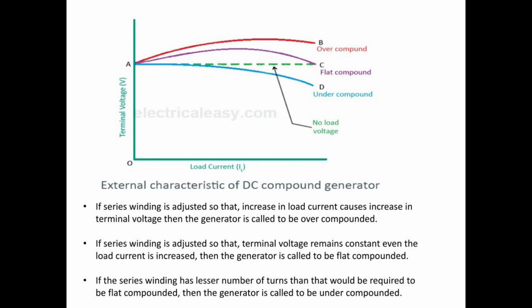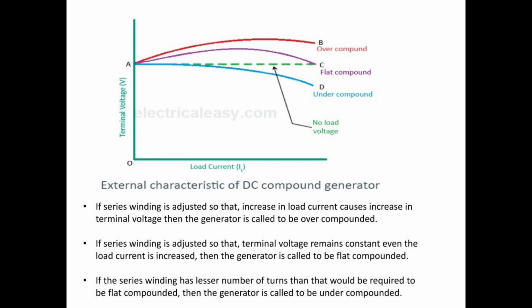If the series winding is adjusted in such a way that voltage remains constant even though load current is increased, then that generator is flat compounded. So it won't affect the voltage.